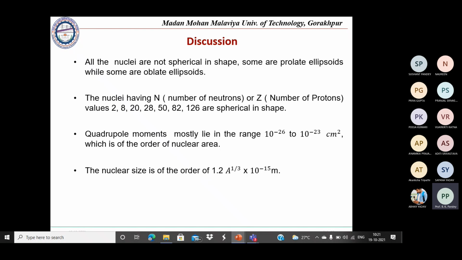The nuclear size is of the order of 1.2 A^(1/3) × 10⁻¹⁵ meter. So this was all about today's lecture.